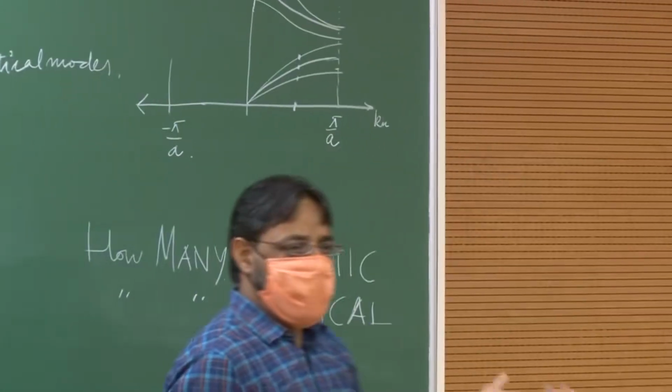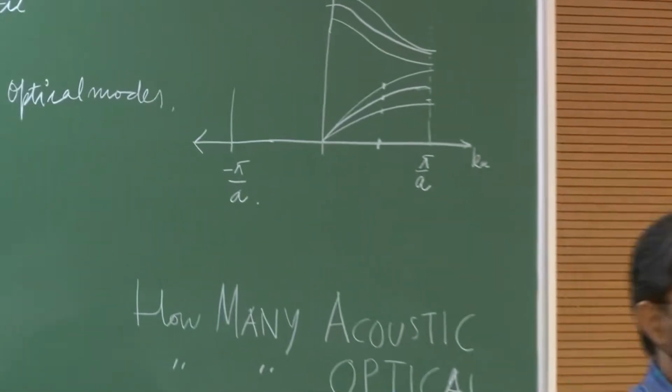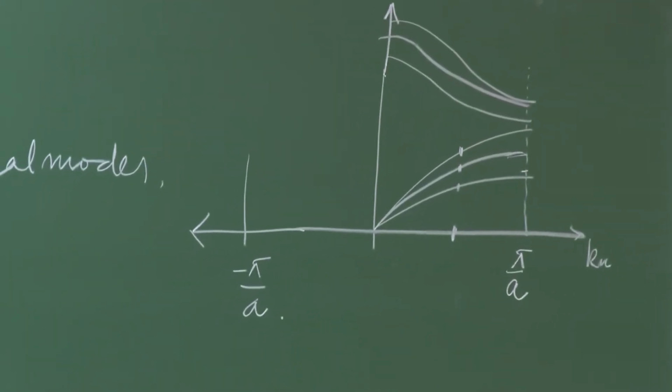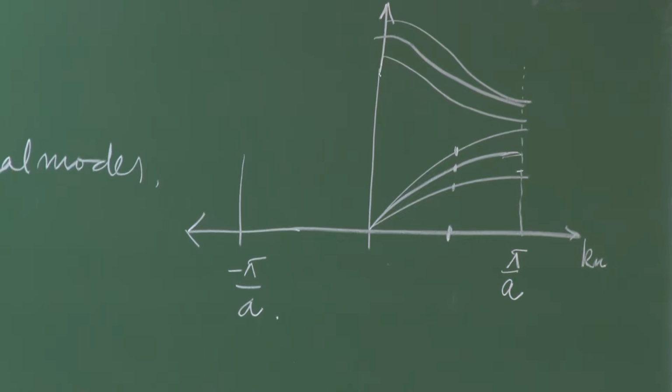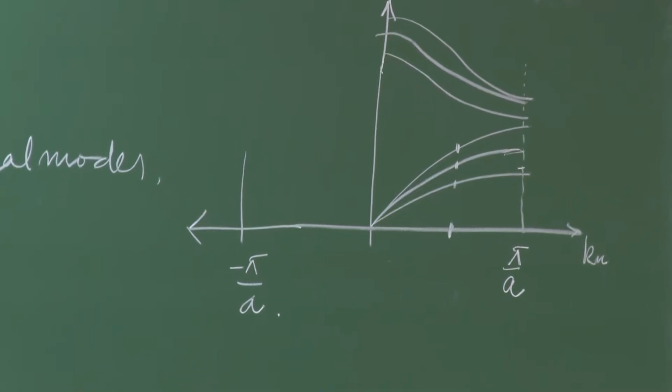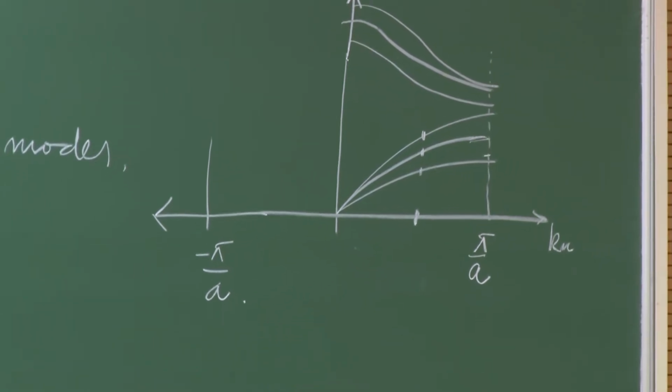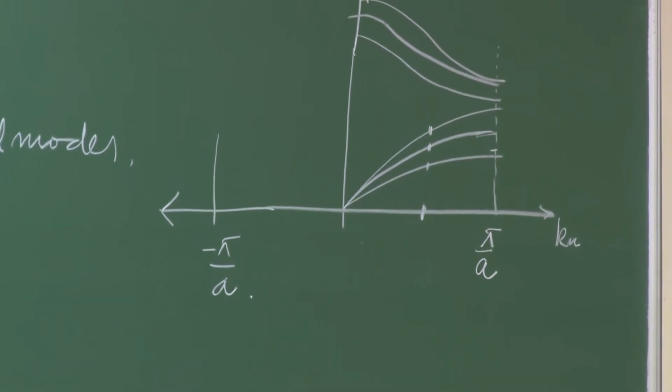So if it is a 1D lattice, then all the modes are taken into account just by counting on k. But if it is more than a 1D lattice, then you know that you have to multiply it with a prefactor, and that prefactor will be decided by which crystal you are dealing with, right?